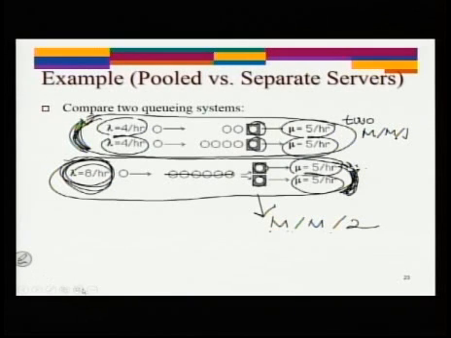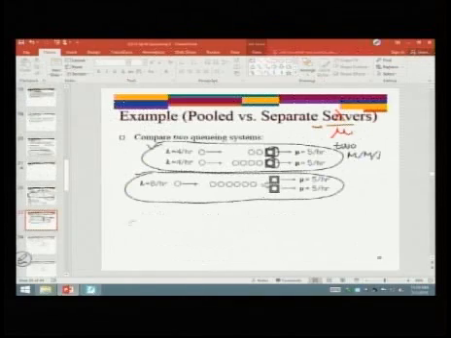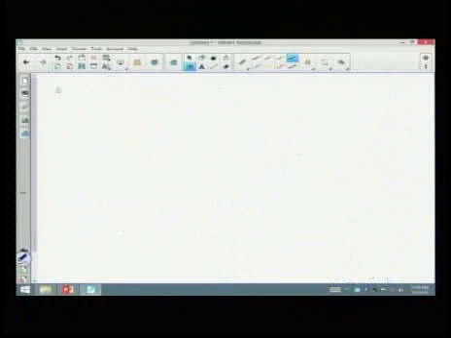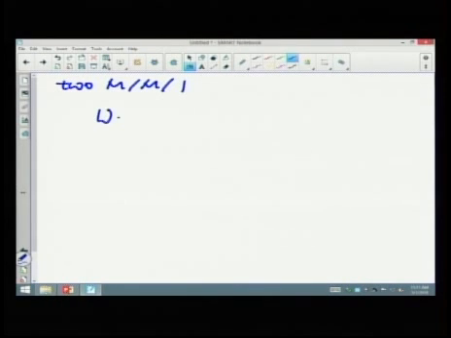So let's use the smart board. I'm going to use the two M/M/1 case. In that case, what is the average waiting time, WQ?